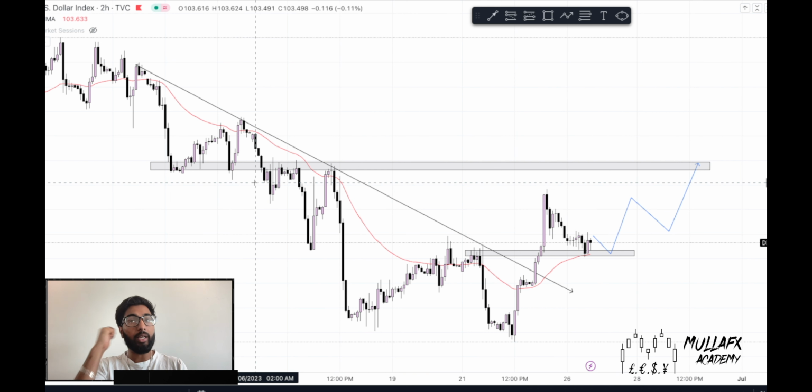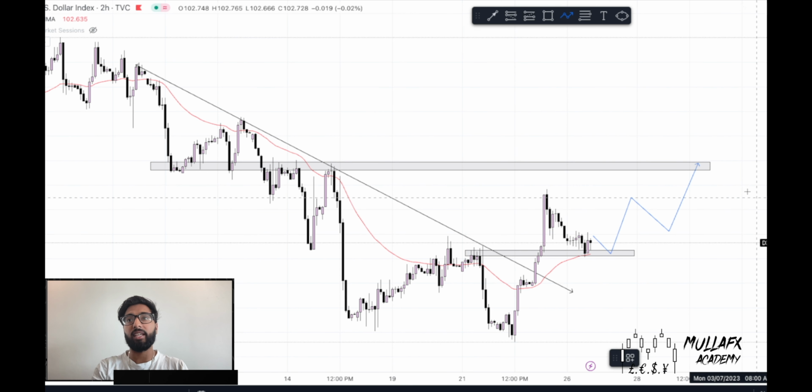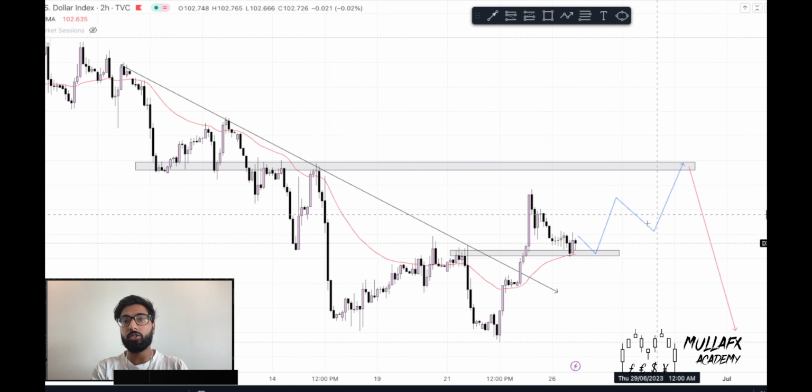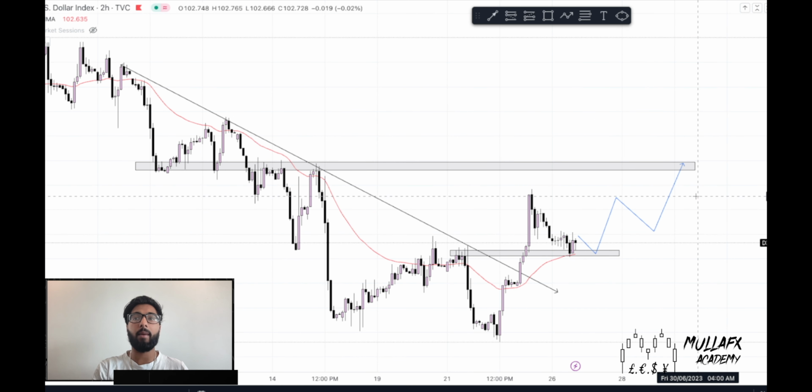When price gets to here, it can just drop all the way back down and continue its downtrend. It can do that, and when price gets to that level, we will have a look at it. But at the moment, this is where I think price is heading, and this is where my bias is with the US dollar index.